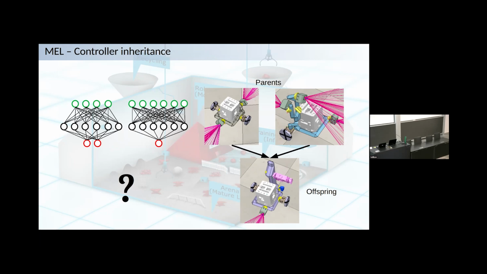The big problem we have is a fixed neural network, so a fixed topology of the neural network. And you can't pass the control directly from the parents to the offspring if the offspring have a different number of actuators or sensors, which means they don't have the same number of outputs or inputs in the neural network. So how do you pass this learned knowledge from parents to offspring?